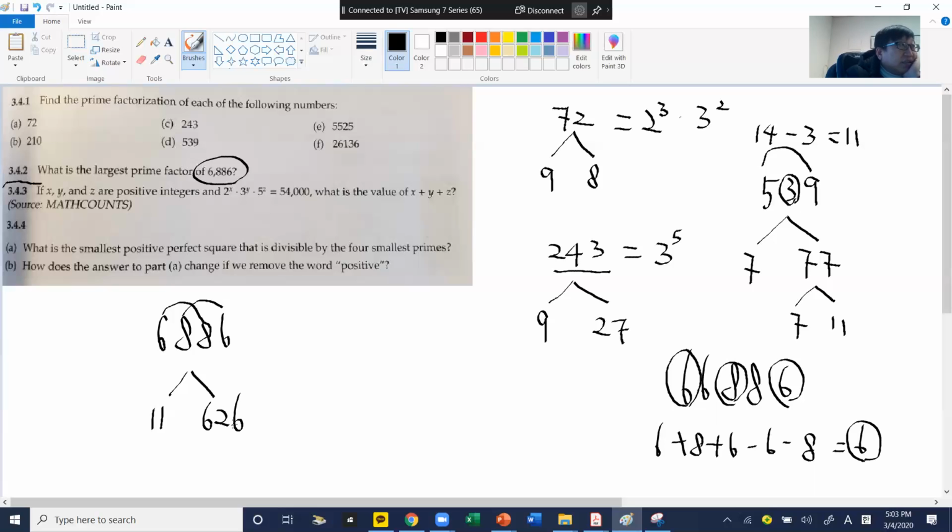Understand me? And then you can divide it by what number? Not 11, it doesn't work. It's an even number, so you can do 2, because you don't know the other factor, okay? 313, right?